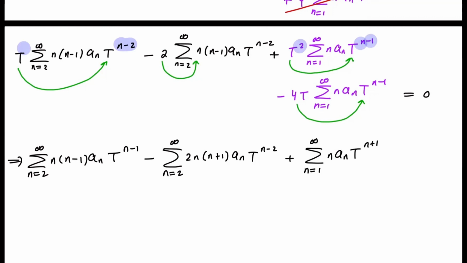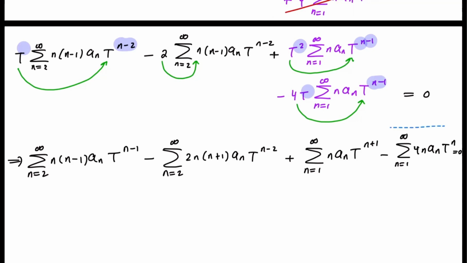And the last one, almost there, we get minus the sum starting from 1 to infinity of 4 and a sub n t. Now here again, I can combine this has a power of 1, this is a power n minus 1. That'll give us t to the power of n. Everything equals 0. All right, I hope you can see that.